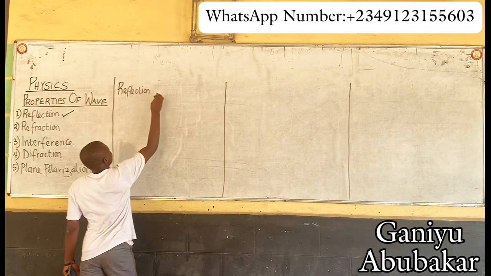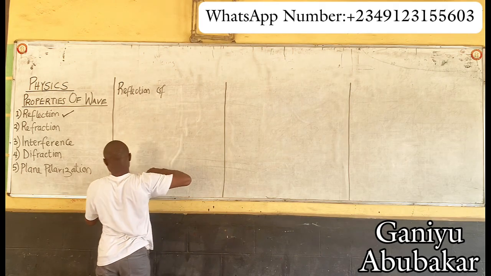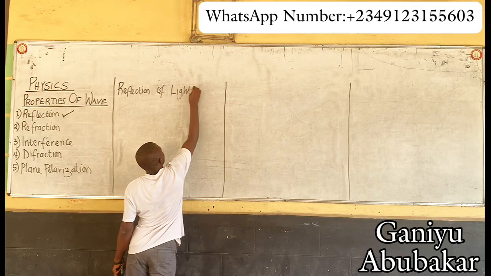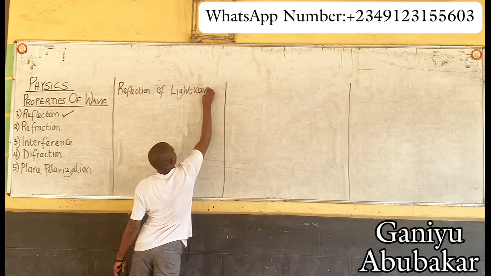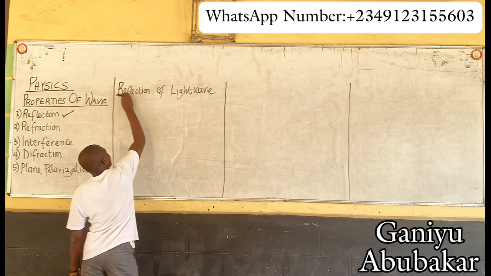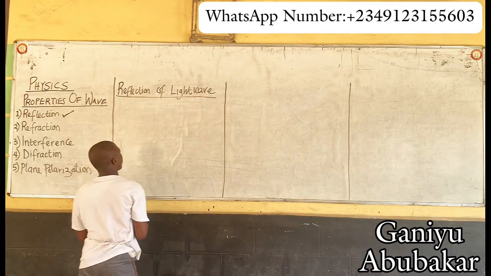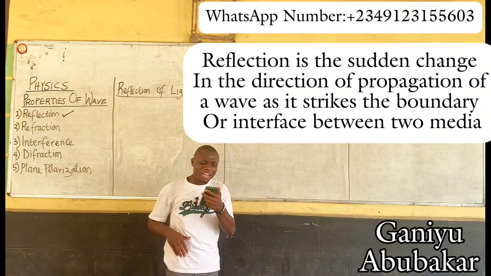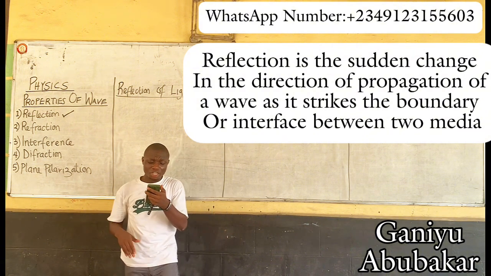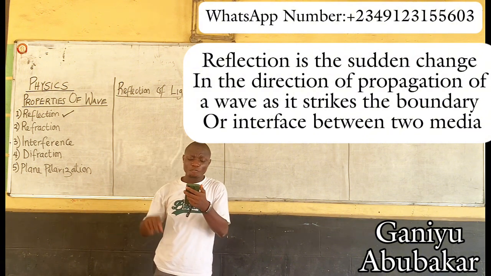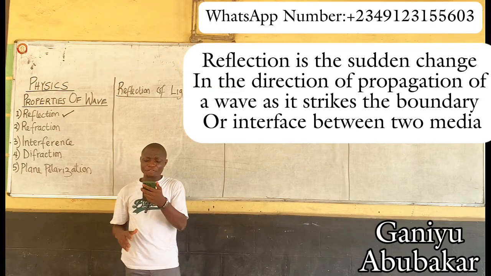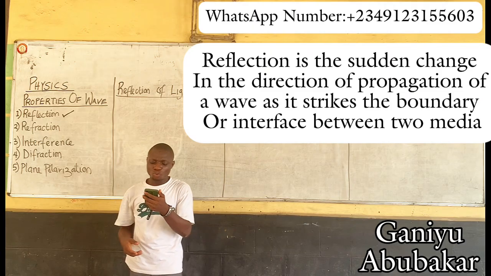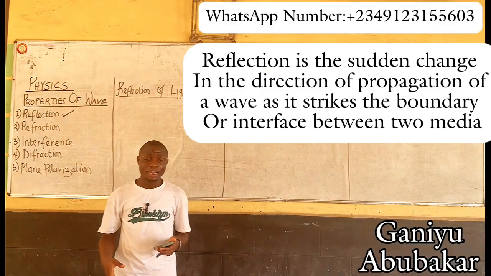Reflection of light wave. Let's look at the concept of reflection of light waves. Definition: reflection is the sudden change in the direction of propagation of a wave as it strikes the boundary or interface between two media.